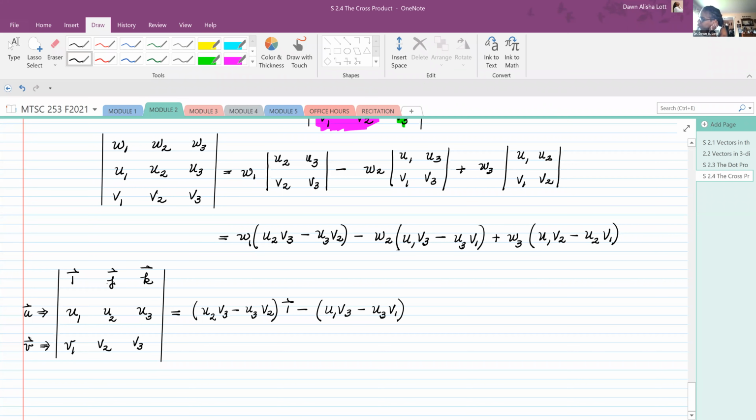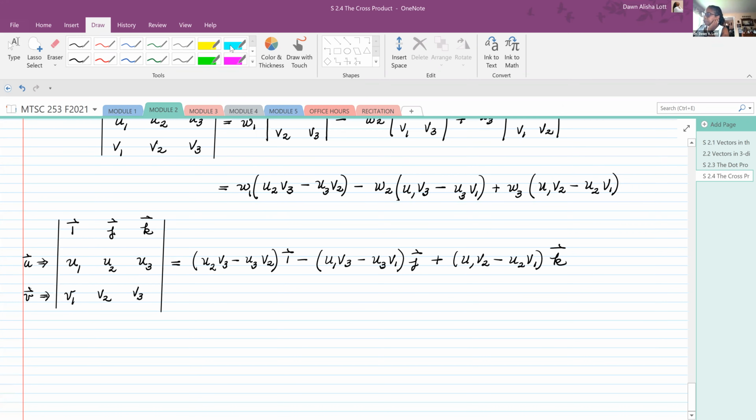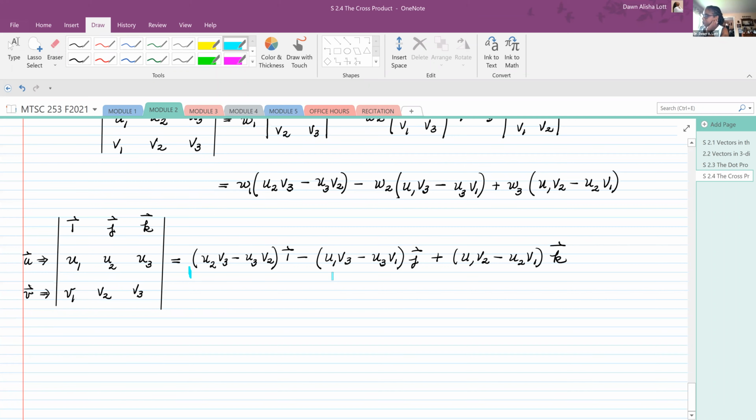Instead of W2, I have J. And then I'm going to get U1 V2 minus U2 V1. Instead of W3, I have K. And this big old long formula that is U cross V.